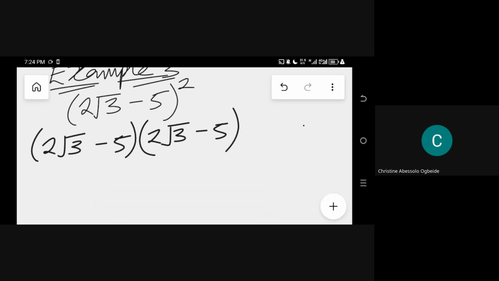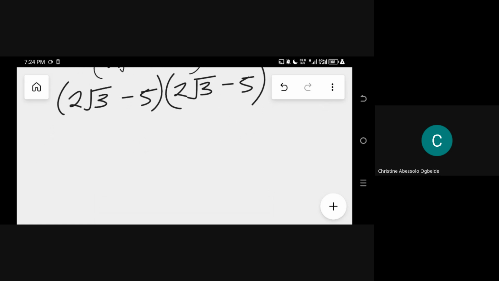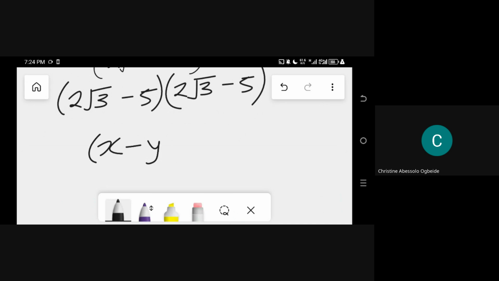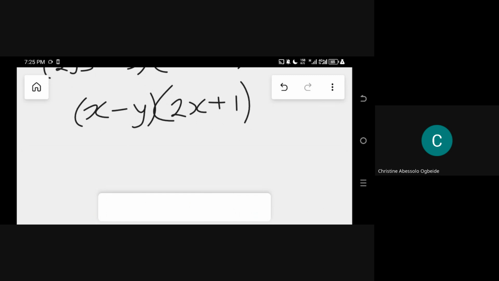Then now that day, I was trying to explain to you that you expand something like this the same way you would have said x minus y multiplying maybe 2x plus 1. The same way you multiply this, you expand this bracket. How do you work with this? You would have to say that x, the first one in the first bracket, will multiply 2x plus 1.